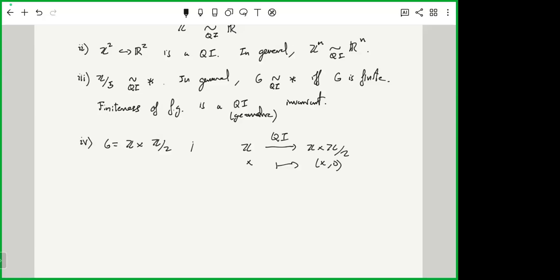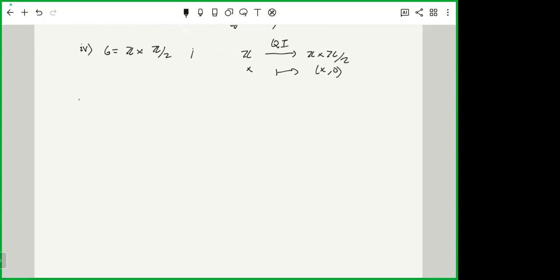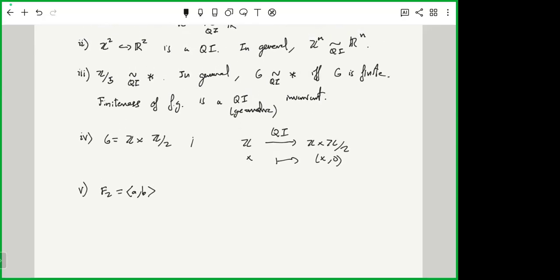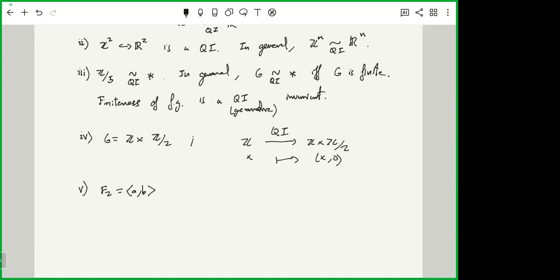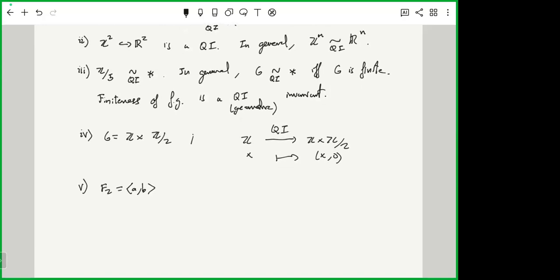In general, taking the direct product with a finite group doesn't change the quasi-symmetry type. This other space, the free group on two generators, is different. If we look at it from far away, it's not quasi-symmetric to any of the previous ones. Okay, so we will go back to this example afterwards.